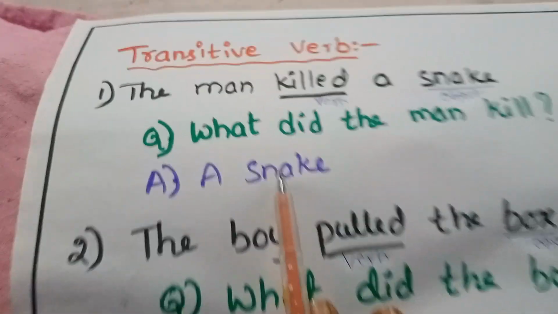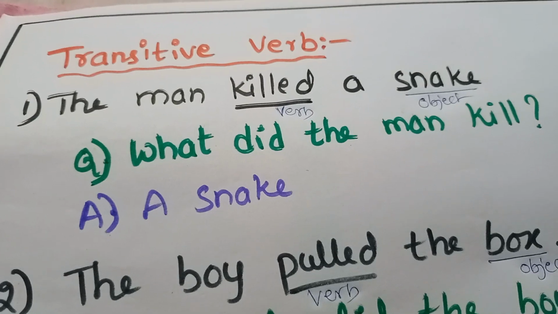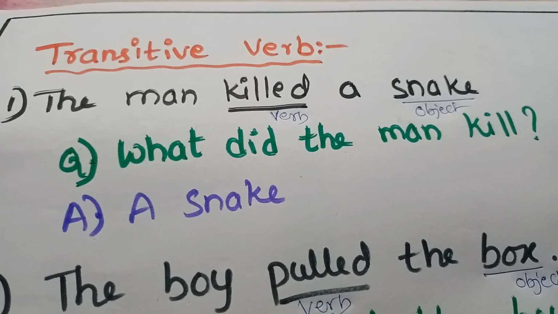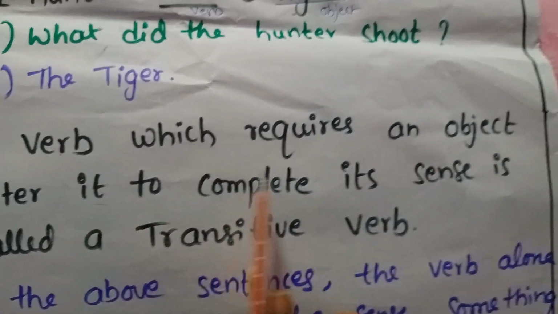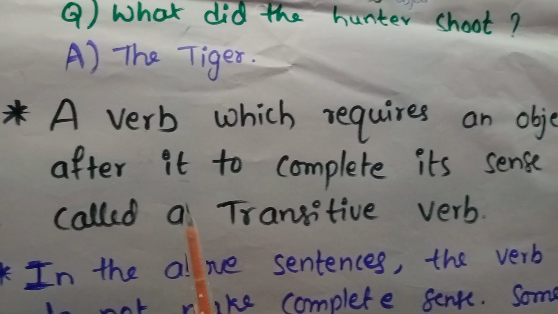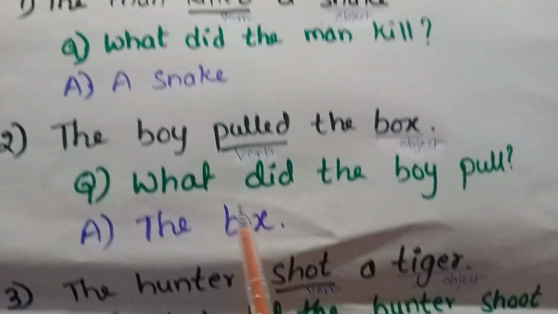So, this type of sentences are called transitive verb based sentences. See once again, a verb which requires an object after it to complete its sense is called a transitive verb. So these verbs are transitive verbs.